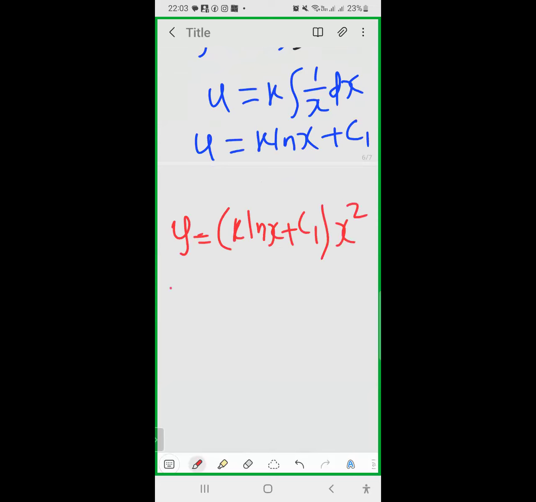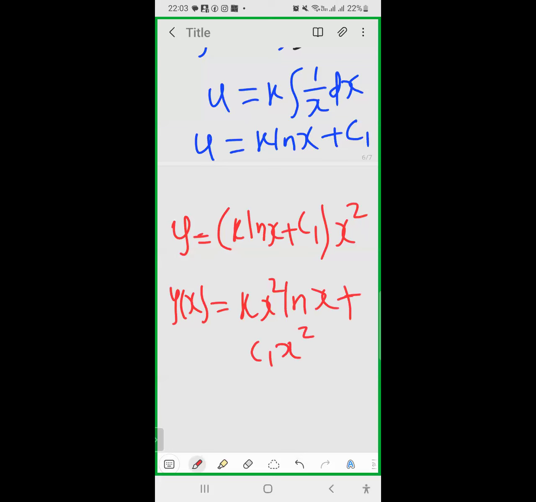Therefore, our y of x is equal to, we can multiply out the brackets, k x squared ln of x plus c1 x squared, and this will be the general solution to the given ODE.